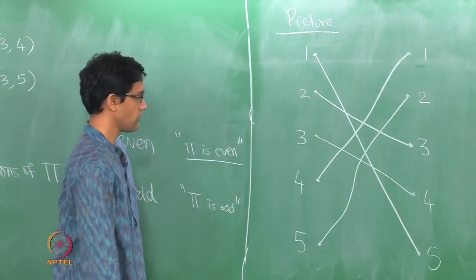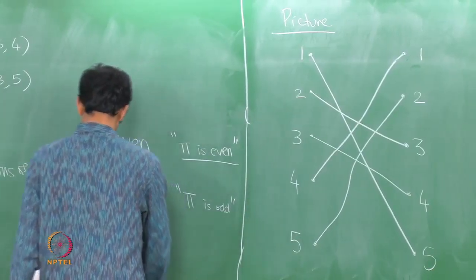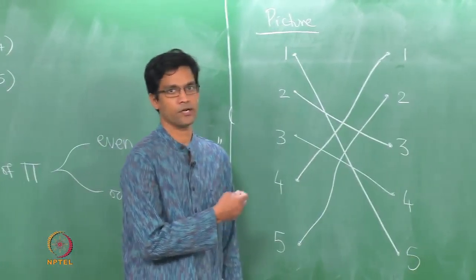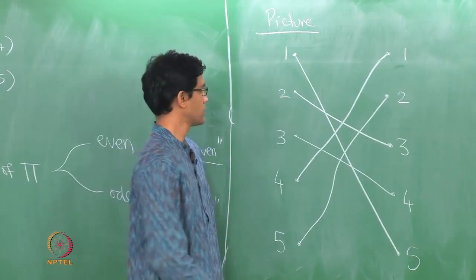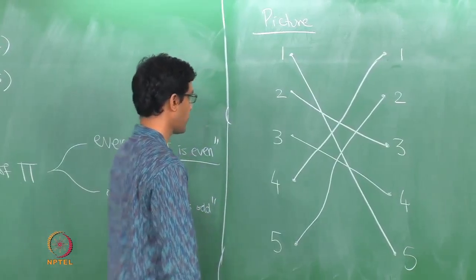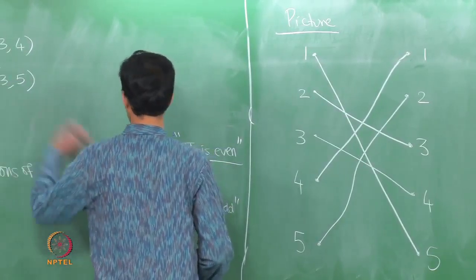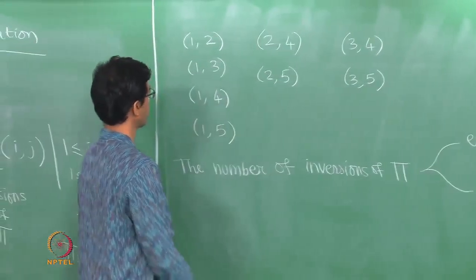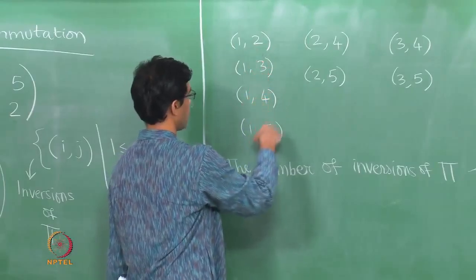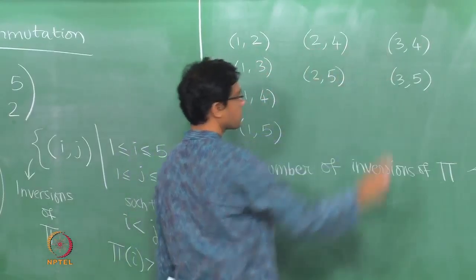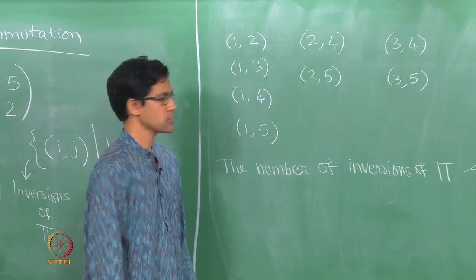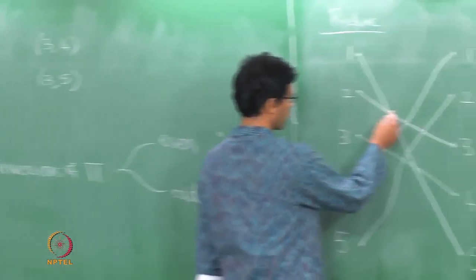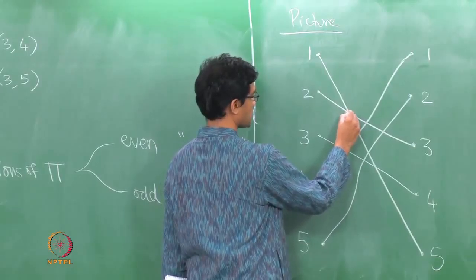Now observe that the set of inversions has a very simple interpretation in terms of this diagram. Let us see how many inversions we had in this example. We had 1, 2, 3, 4, 5, 6, 7 and 8. So there are 8 inversions. Now let us look at this picture and count the number of crossings, the number of places where these lines intersect.